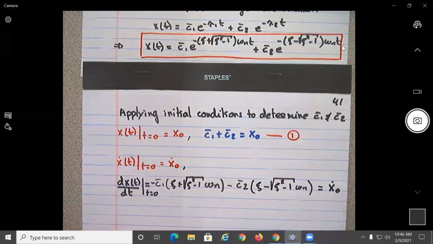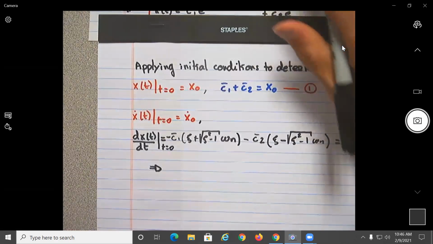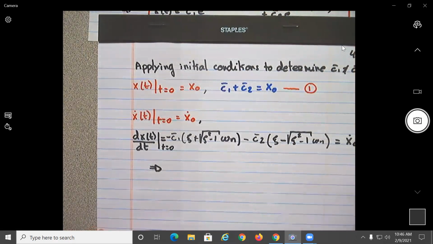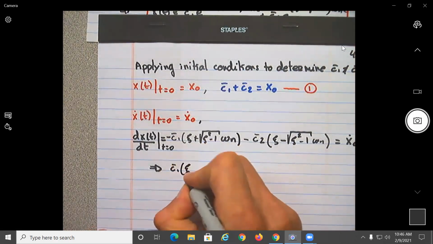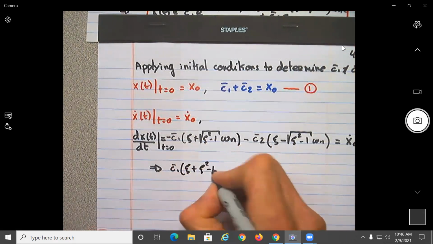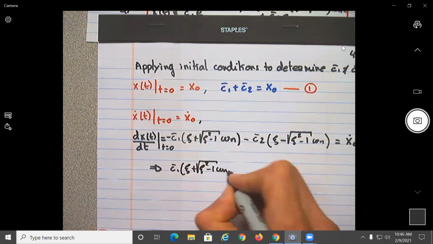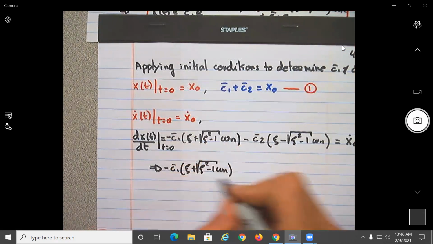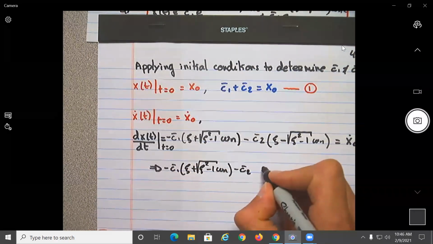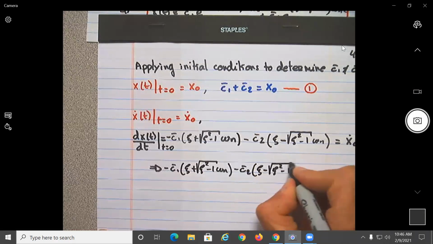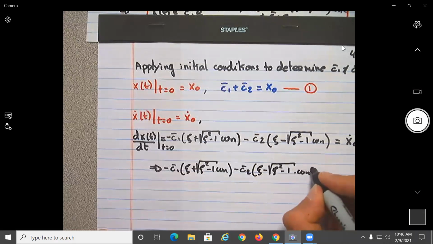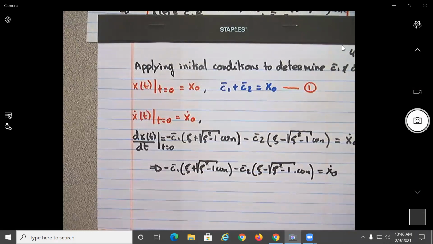And this should be equal to x dot sub 0. So basically, let me just write it for clarity, but I'm not going to change anything. So it will be equal to minus C bar 1 times a term, minus C bar 2 times a term, equal to x dot 0.